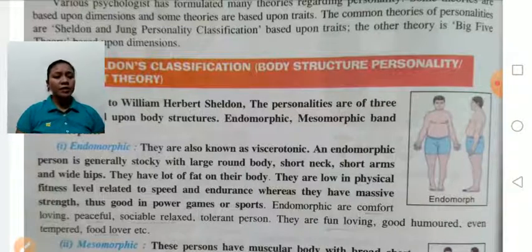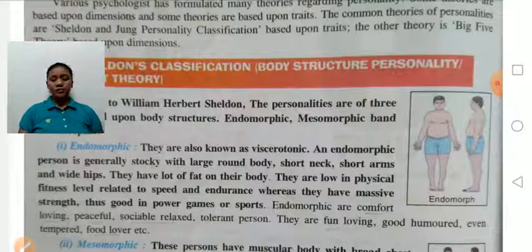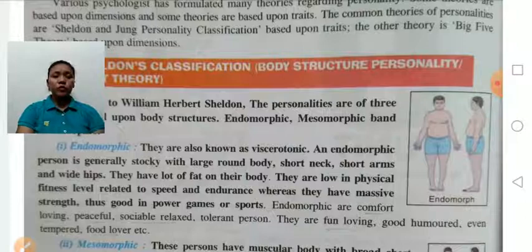Endomorphic persons have a personality like comfortable living. They are friendly, peaceful, socially relaxed, tolerant persons. They are able to tolerate themselves. They are fun loving, good humored, even tempered, food lovers, etc. Endomorphic persons are not good as sports athletes.